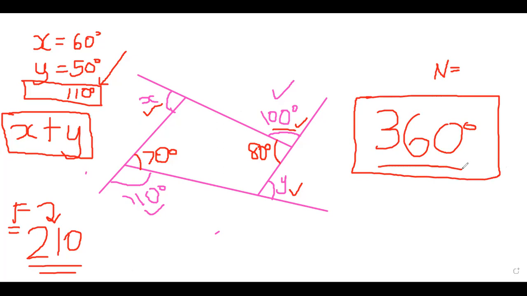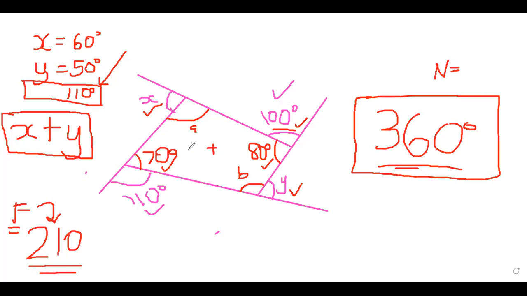Total angle 360. I have 70 and 80, which means this angle and this angle, if this is A and this is B, all of these totaled up should be 360. Do you understand? Yes.